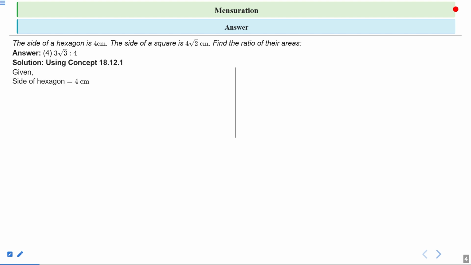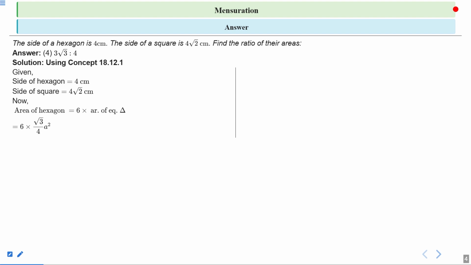Given that the side of the hexagon is 4 centimeter and the side of the square is 4 root 2 centimeter. Now the area of the hexagon is 6 into the area of the equilateral triangle, 6 equilateral triangles. So we use the formula of the equilateral triangle and multiply by 6, then we get the area of the hexagon.